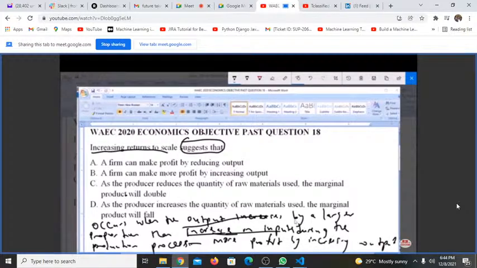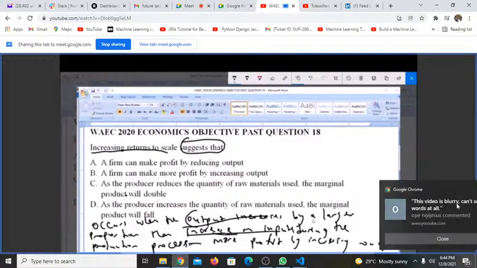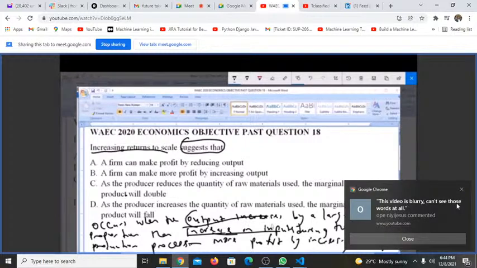So, based on the fact that the output increases by a larger proportion than the inputs during production, it means that the firm can make more profits than usual by simply increasing the output. And the output, of course, can be increased by increasing the inputs or the factors of production. So it suggests that a firm can make more profits by increasing outputs, and that is option B. So it is the correct answer to this question.